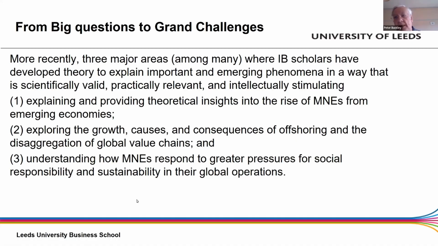The third big question, and I think this brings us more or less up to where we are at the moment. The third big question is, okay, multinationals are assumed to exist to make profit. They're assumed to be profit maximizers. They're assumed to respond to profit signals in terms of their location internalization decisions.